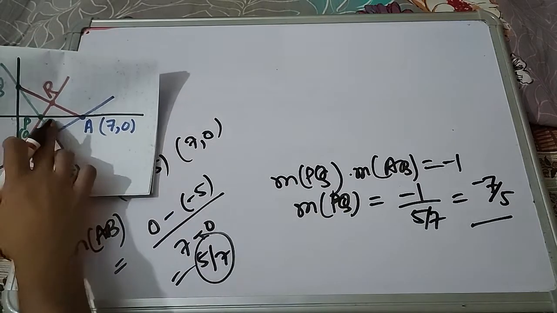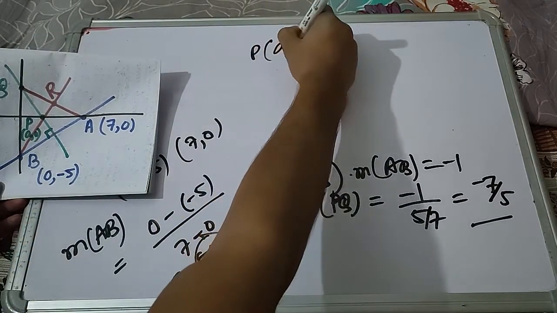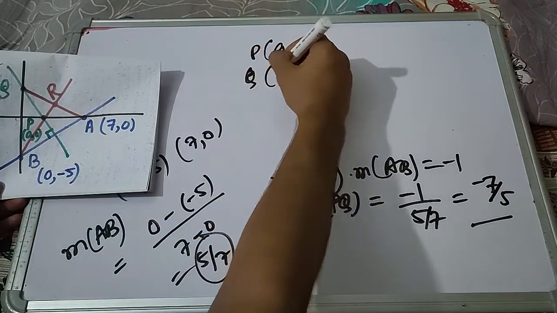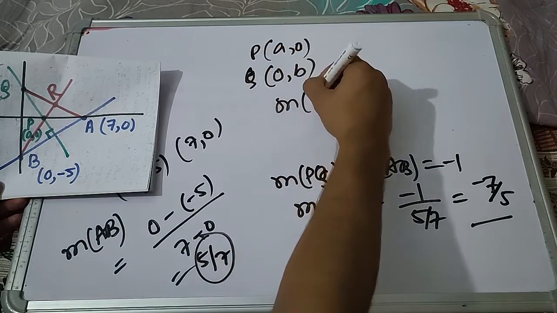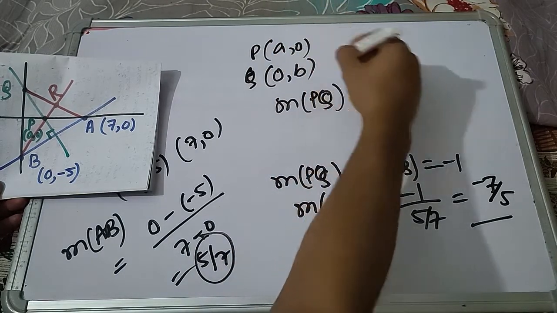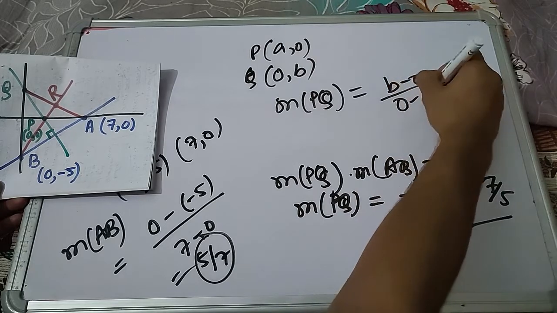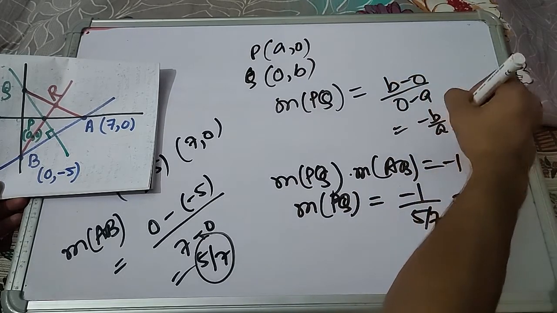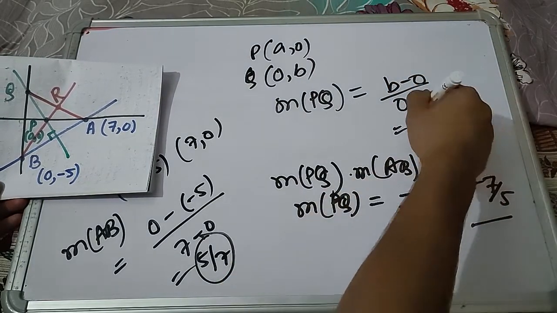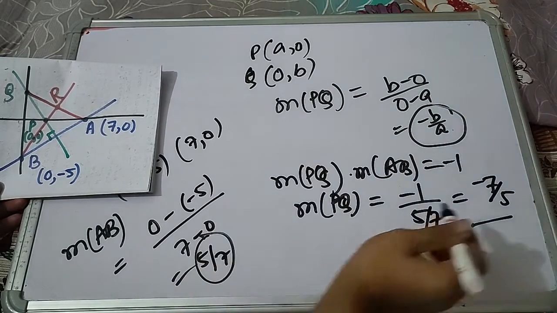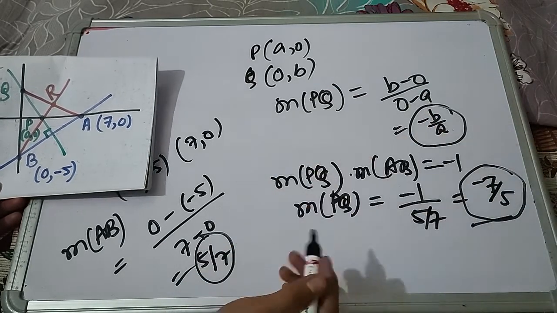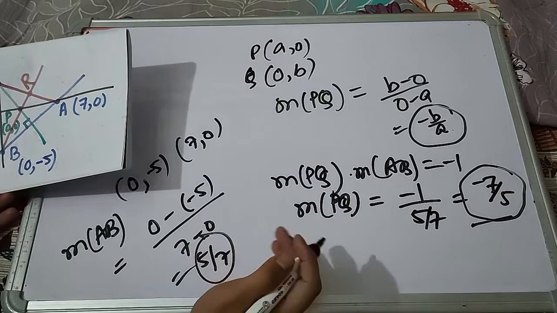And we can also find the slope of PQ from the given points. P is A comma 0, Q is 0 comma B. Therefore, m of PQ is B minus 0 by 0 minus A, which is minus B by A. This is the slope of PQ in terms of A and B, and the earlier one is the slope of PQ as a real number.